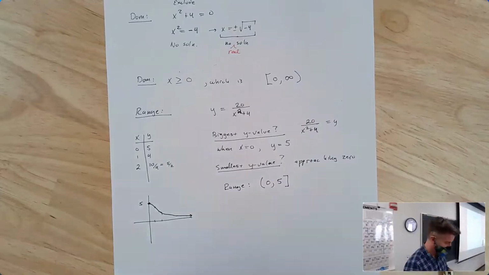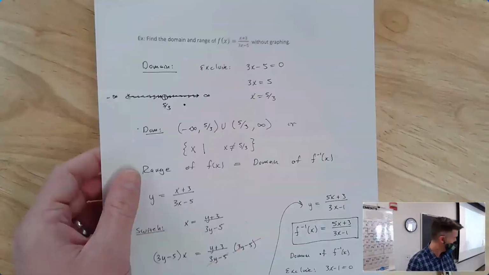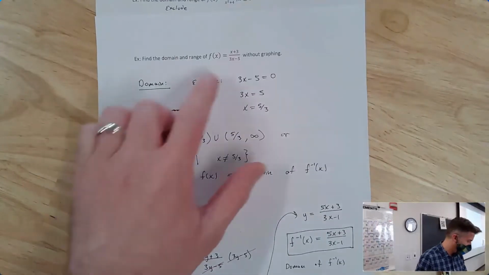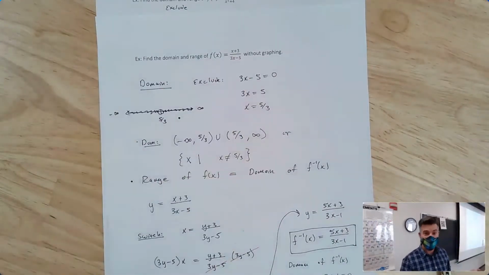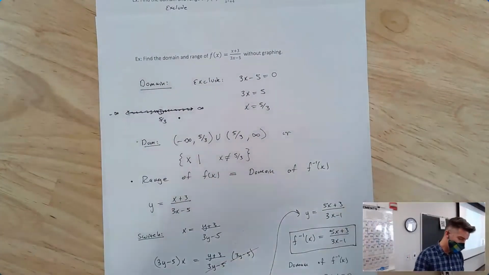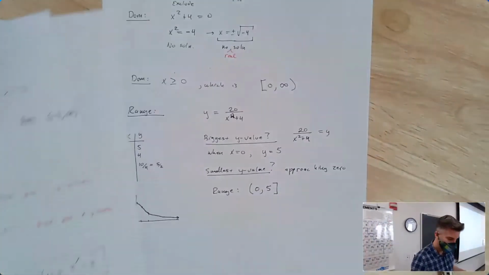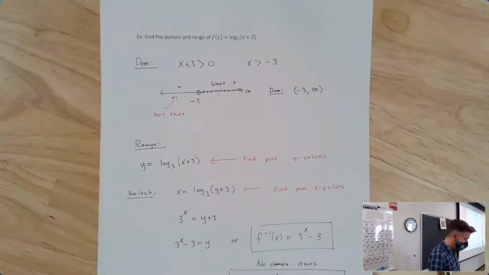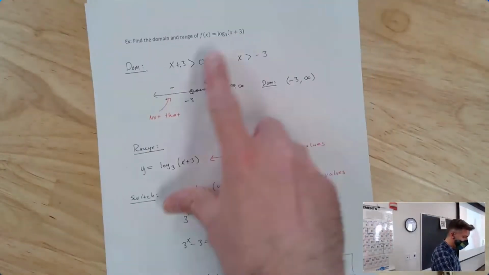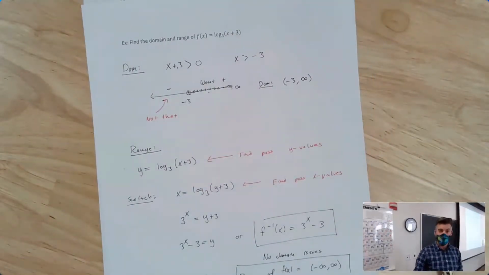To answer that question, I think it's worth seeing again. We set it to be equal to 0 when we're excluding 0. So in this example here, we set 3x minus 5 equal to 0 because we don't want to divide by 0. But in these other two examples, we set the insides to be greater than 0 because we don't want to take the log of 0, but we also can't take the log of a negative number.